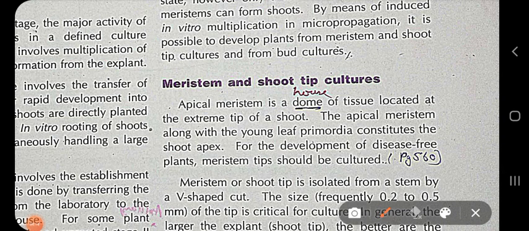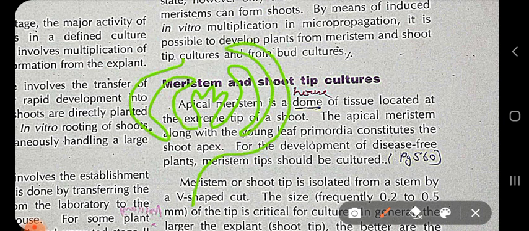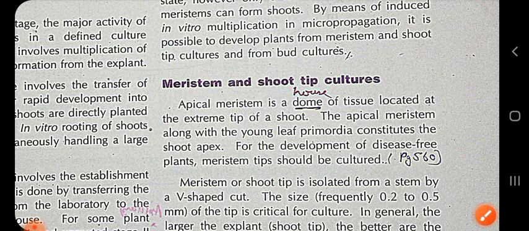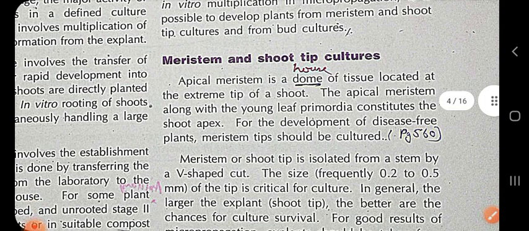This is the apical shoot, and these are the leaf primordia. So the apical meristem is the home of the tissues located at the tip of the shoot, and this apical meristem along with young leaf primordia makes the shoot apex.